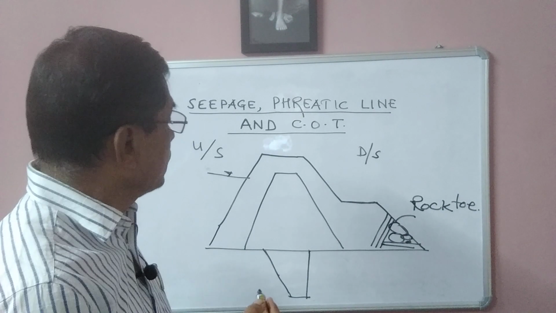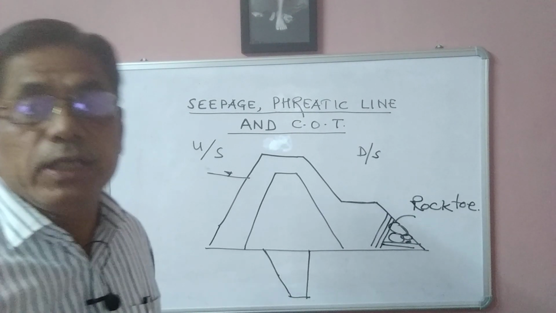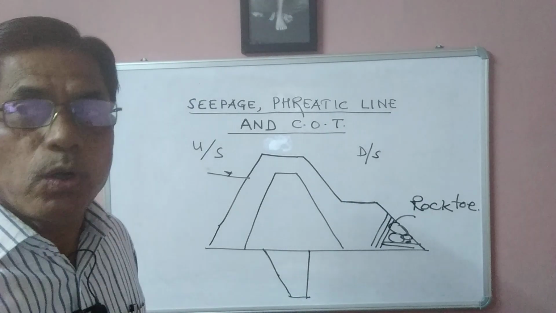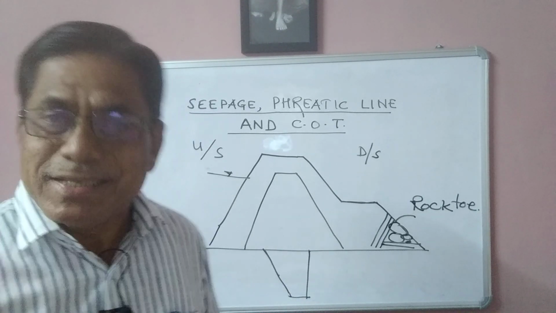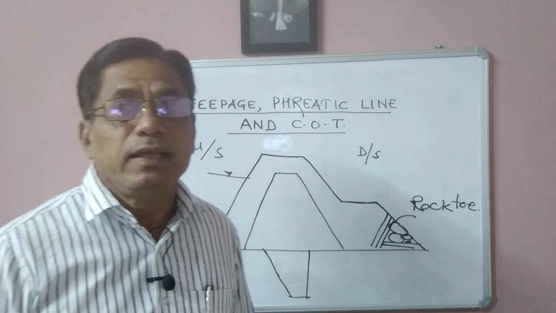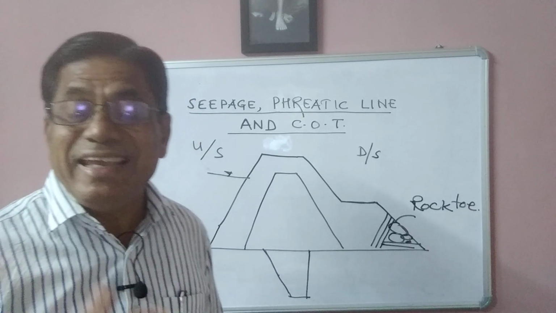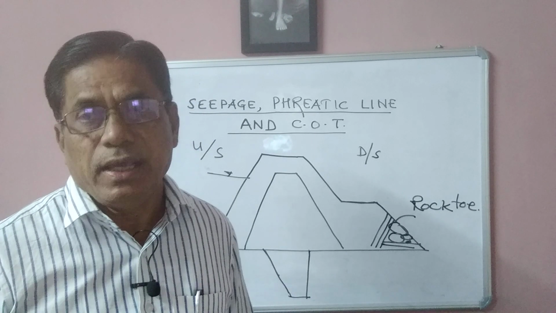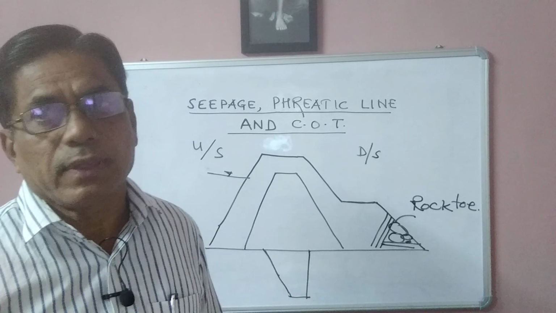And therefore this piping may lead to the failure of the dam. So this is the first problem. The second problem is that it gives instability to the slopes as well as heaving.